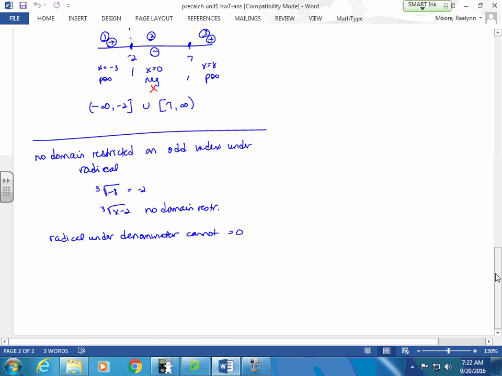Okay. Remember, there's no restriction on an odd index, only on an even index. Just remember the denominator cannot be 0 if it's in a denominator, if it's in a fraction. That's the only problem. If you did this, the cube root of x has no restriction. This does.